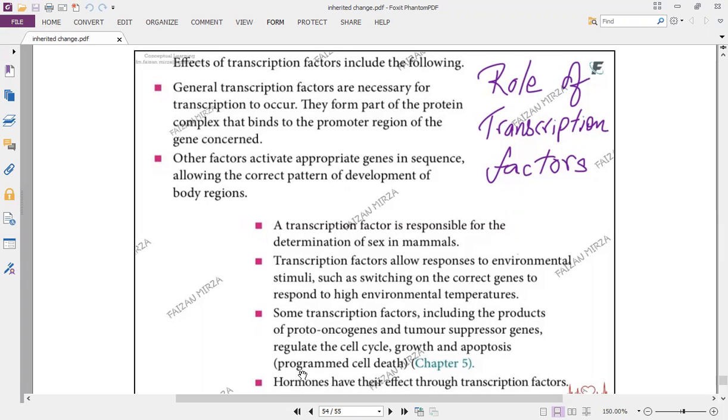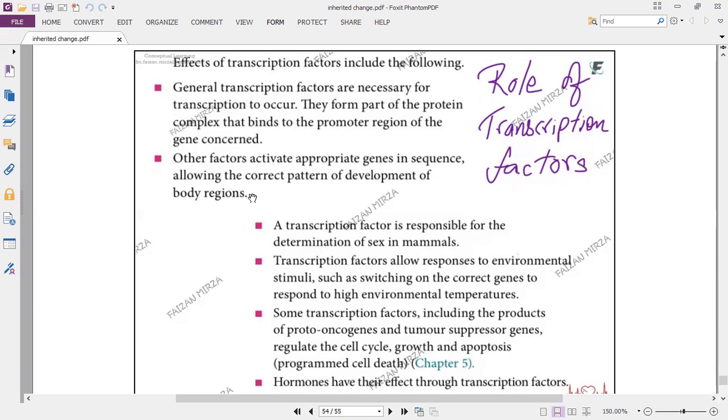And here transcription factors are involved. In the presence of those transcription factors, they are activated, and the gene that makes aquaporin is transcribed, and aquaporin is made, and the aquaporin vesicles fuse with the apical surface, and the collecting duct cells become permeable to water, and water starts to move into the blood.